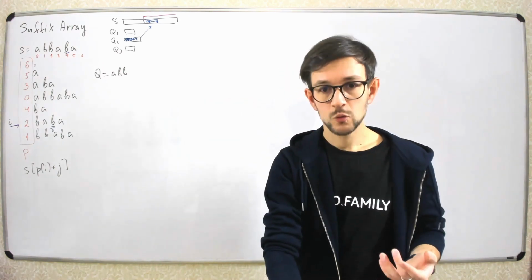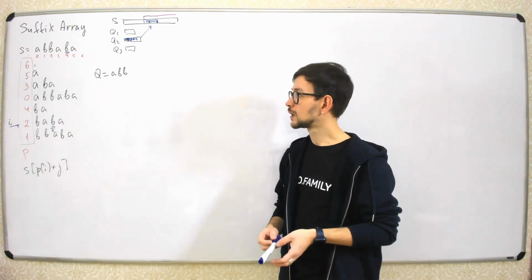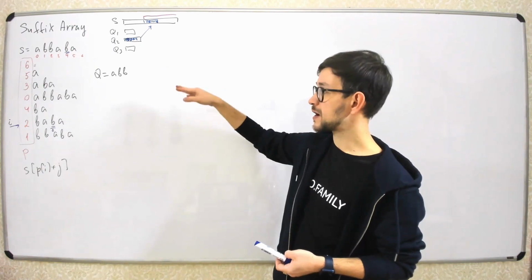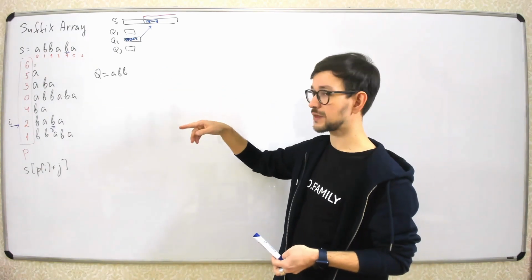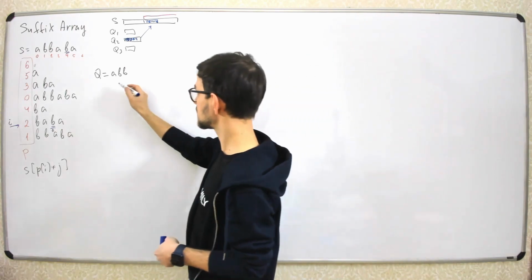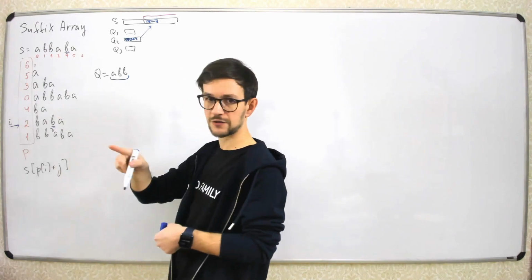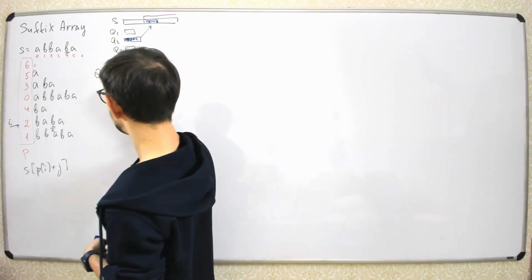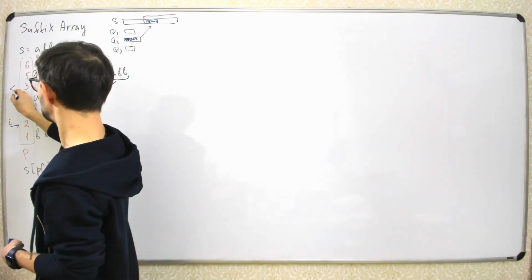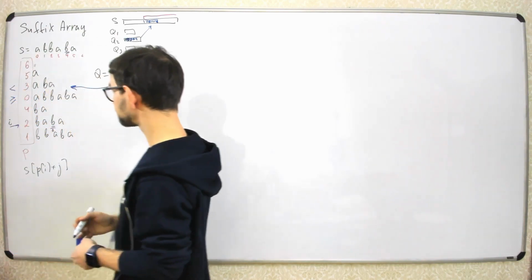So how to do it? We can do it using binary search. Since all the suffixes are sorted, we can just make a binary search and find the first suffix which is greater than or equal to ABB. So we just take this ABB and find it here using binary search. We will find this place. So this string is less than ABB. This is greater than or equal to ABB.